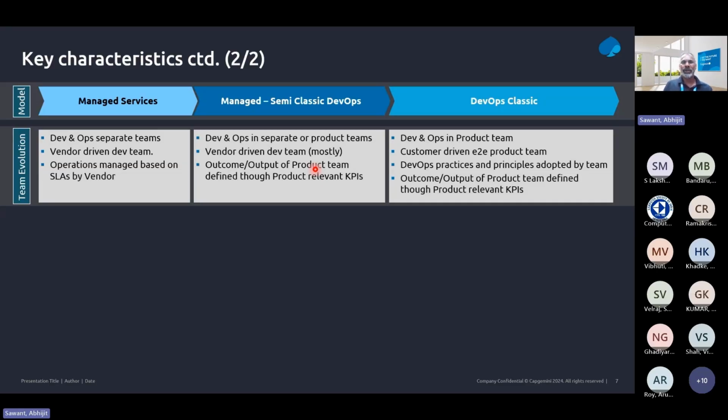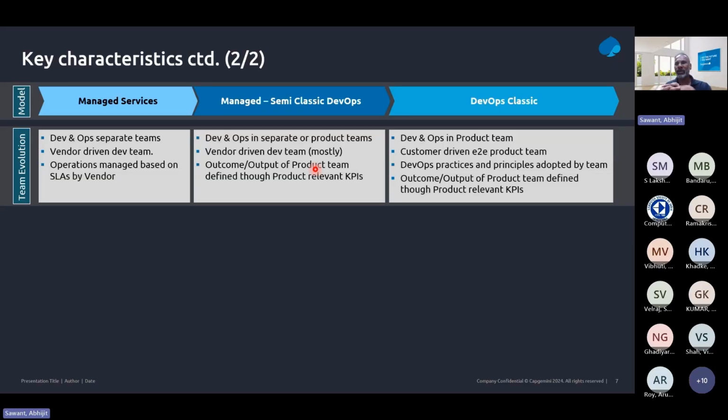It depends, but it is going to be aligned to the product relevant KPIs, the product group that is going to be supported. And finally, in the DevOps classic, you have one single team structured for each of the product groups, one pod team, as we all know.